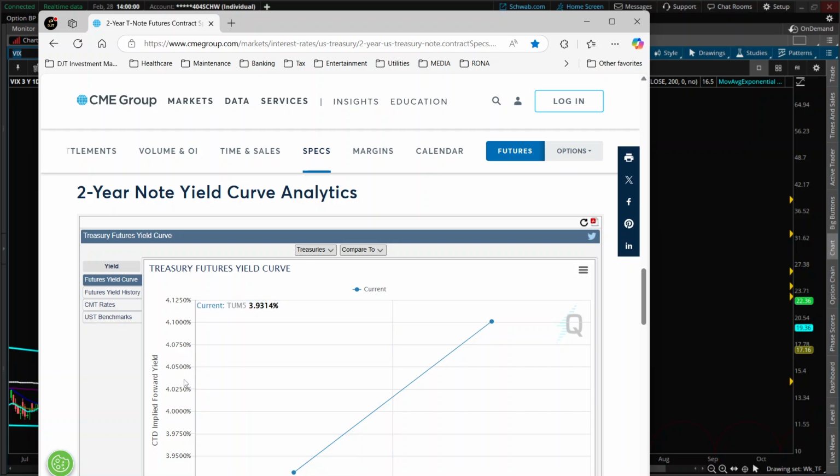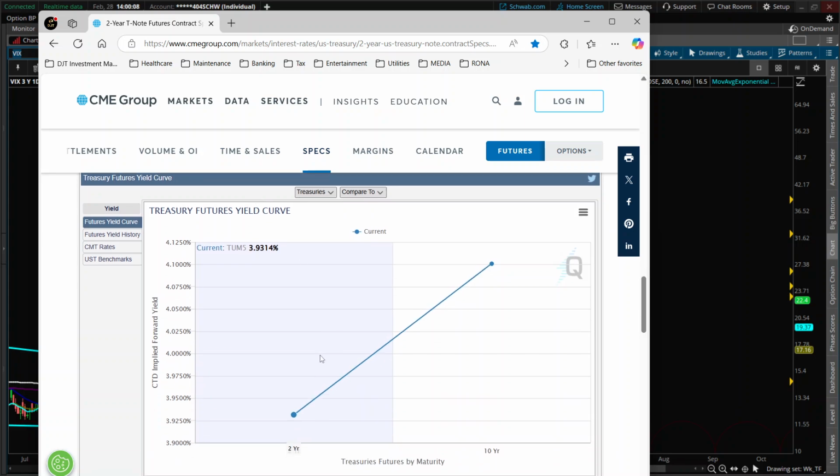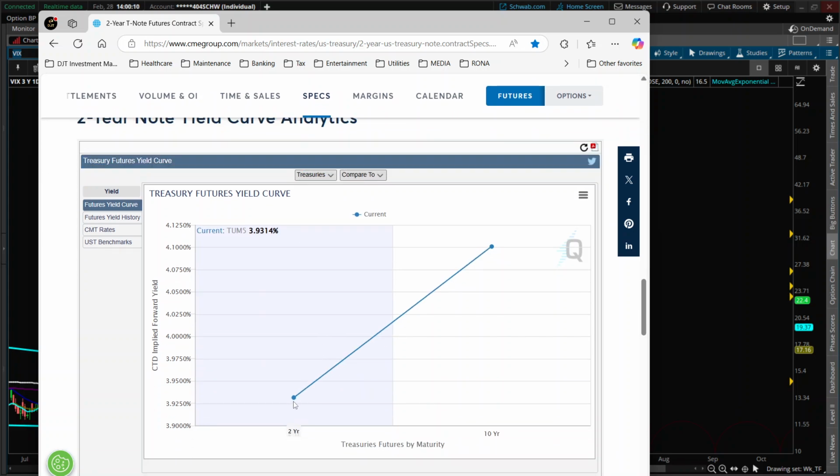We have the 2-year yield, and with this yield curve, we added on the 10-year. So we have the 2-year, 10-year, and before, the 2-year was up here in the 4s, and the 10-year was down in the 3s. It was inverted. Okay, now it's uninverted, and that was the sign that the recession was coming when it uninverted.